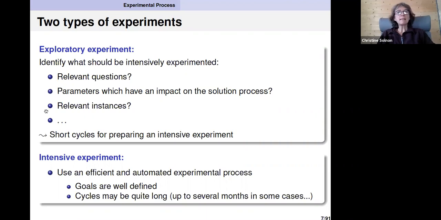What are the relevant instances, etc. And then once you have identified all the important things for your experiment, you can prepare an intensive experiment. And in this case, it may have a quite long duration. In some cases, it is up to several months.